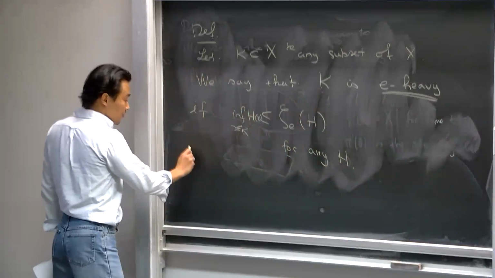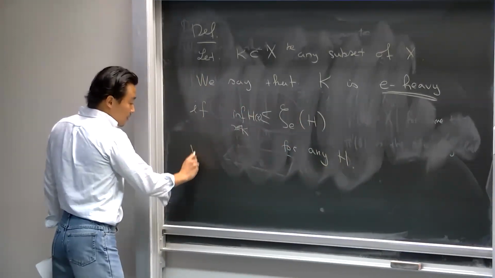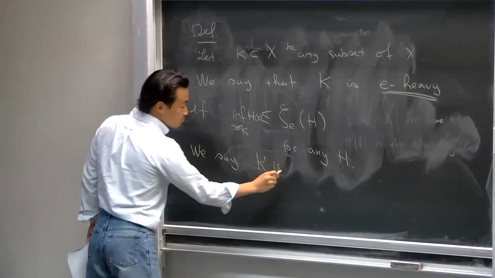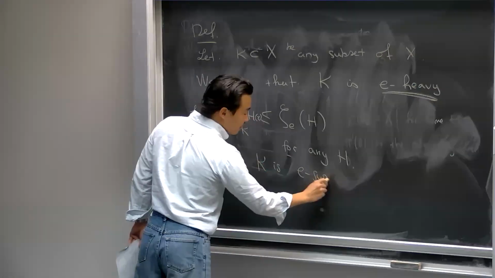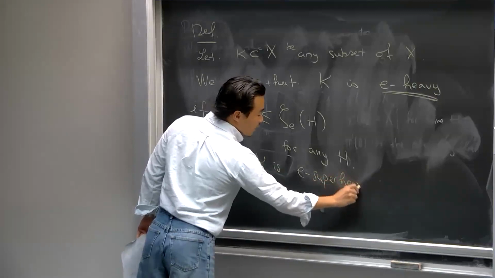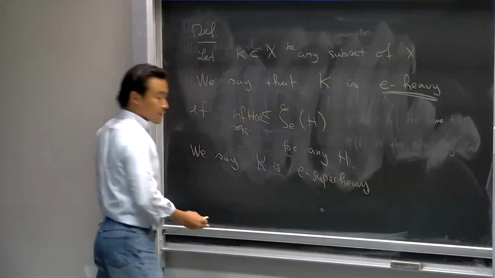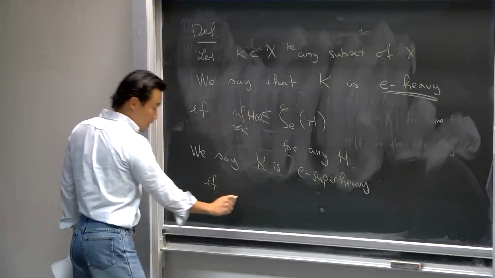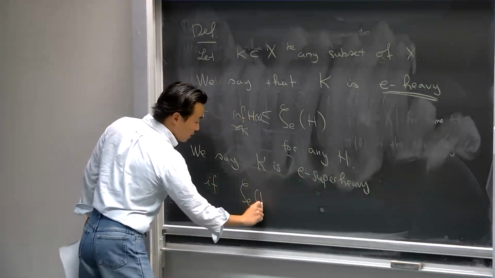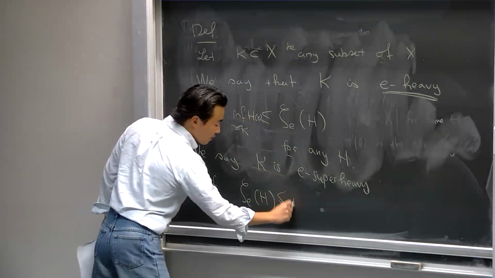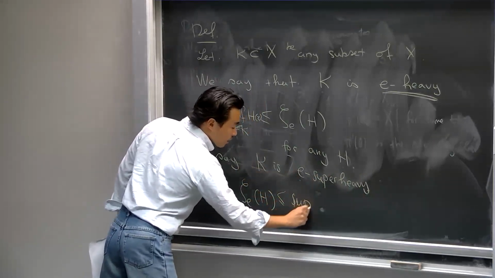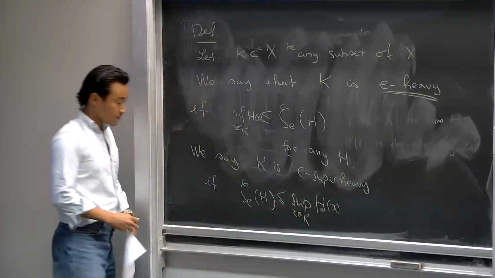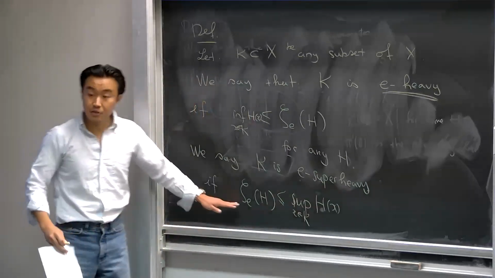And furthermore, we say this set is super heavy with respect to class E if we can bound from above the function zeta. Okay.